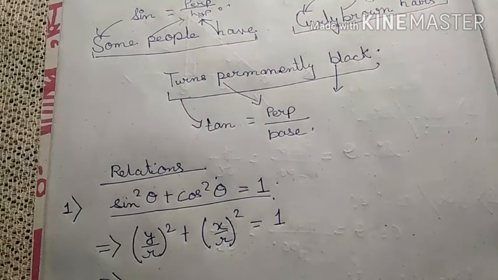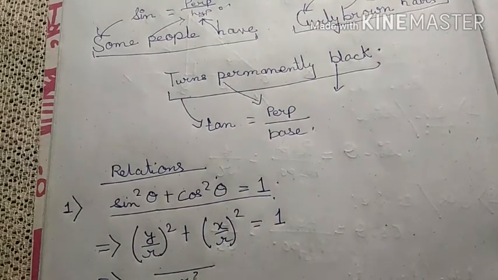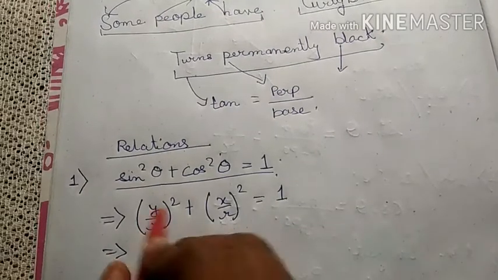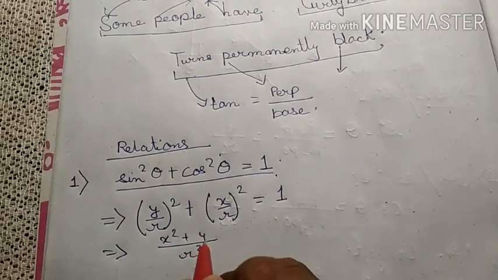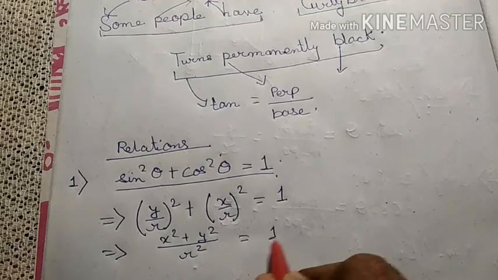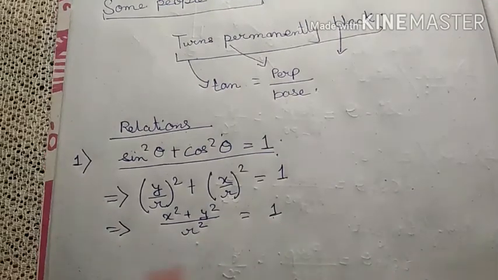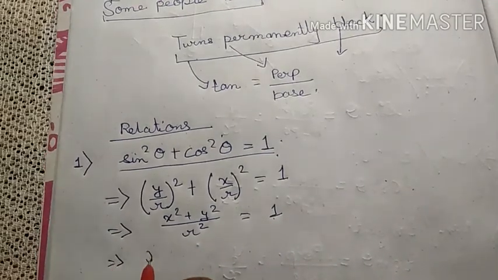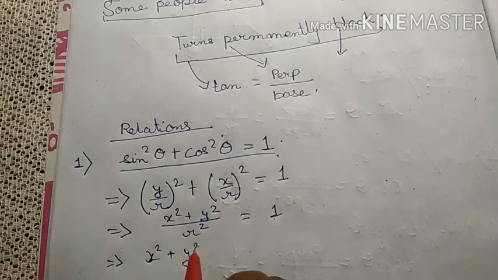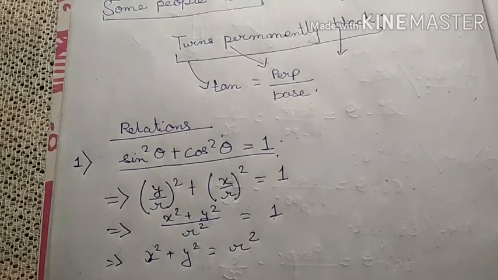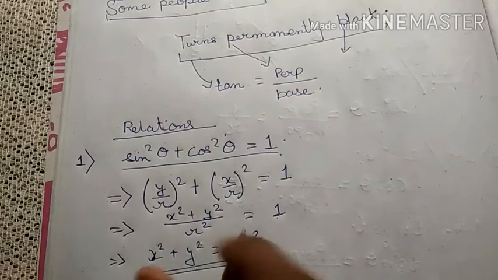Taking the LCM r square, that is (x square plus y square) by r square, which is equal to 1. Moving r square to the right hand side, x square plus y square equals r square. Do you remember this statement?